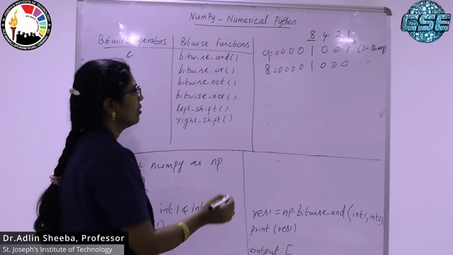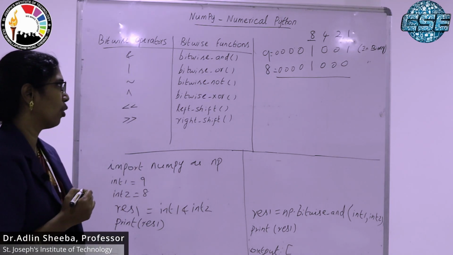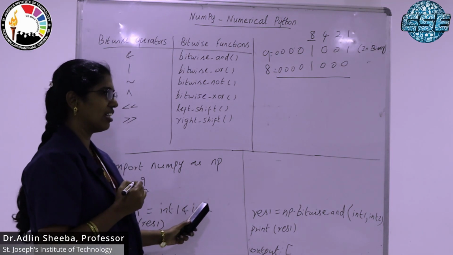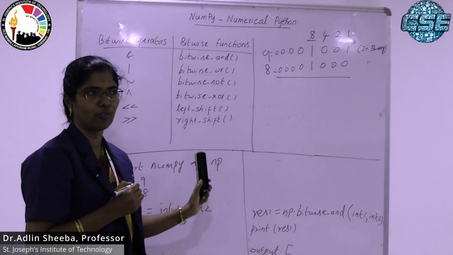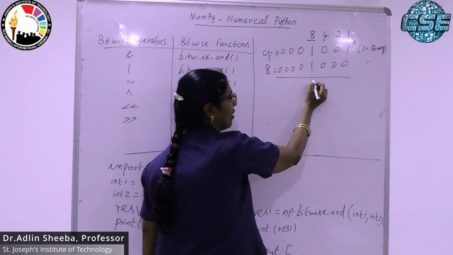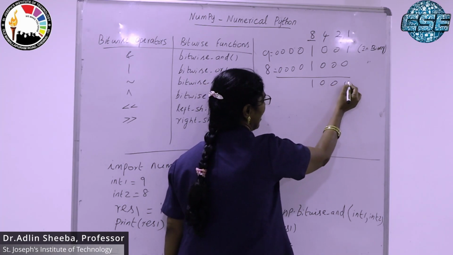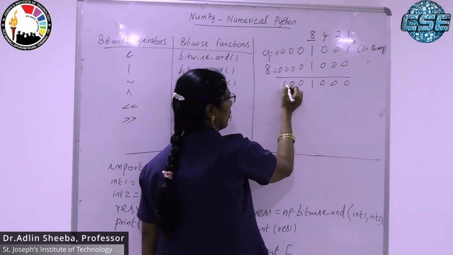Now we have to perform the bitwise AND operation. According to bitwise AND, if both values are 1, then the output is 1. Here in this position both values are 1, so the output is 1, and in the remaining places the output is 0.